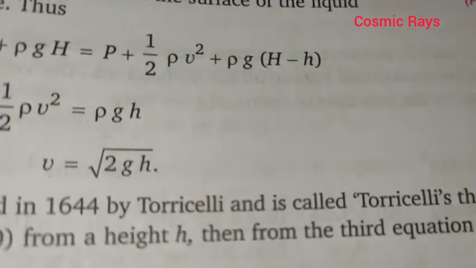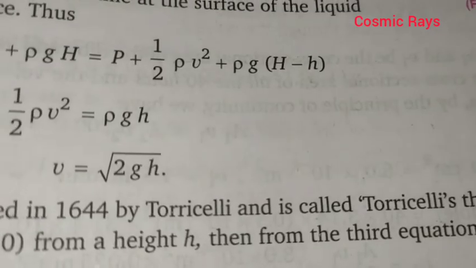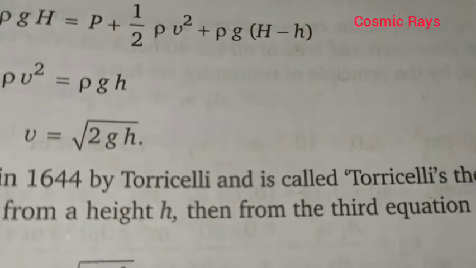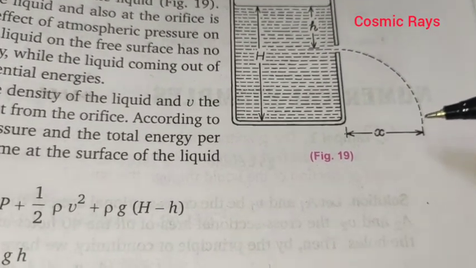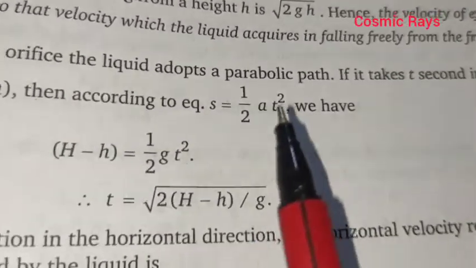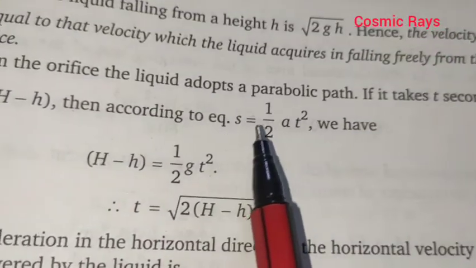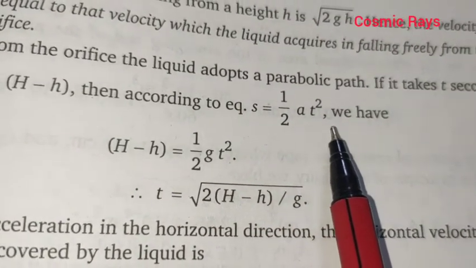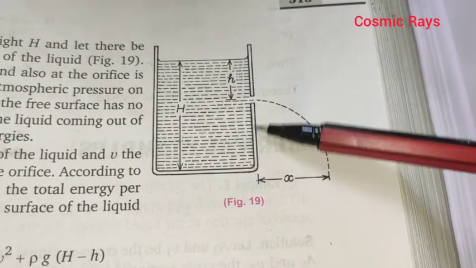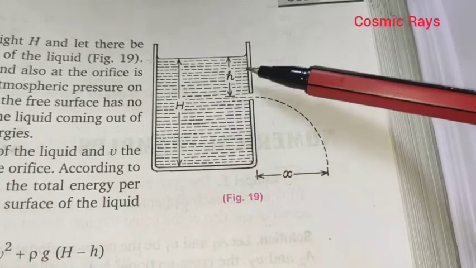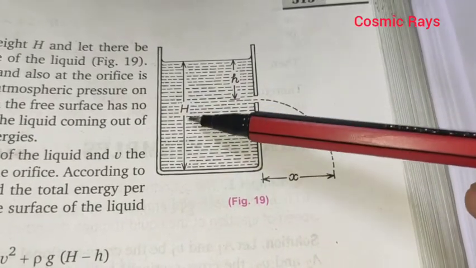Now let's say that the liquid assumes a parabolic path after falling from here. So we will use the distance formula, that is S equal to half g t square. Distance here is this distance, which is nothing but the full distance minus the upper distance, that is H minus h.